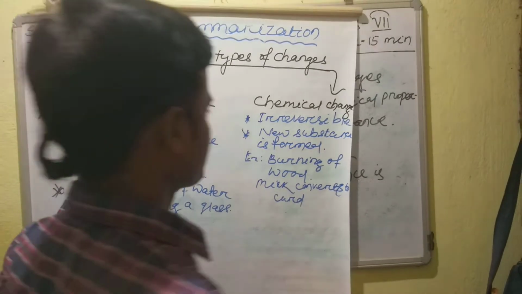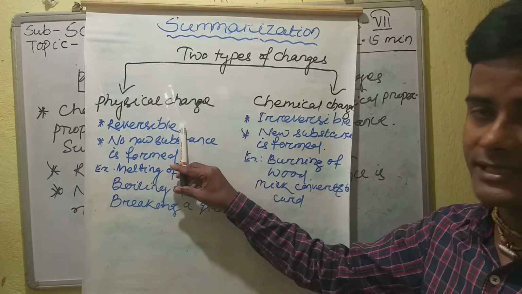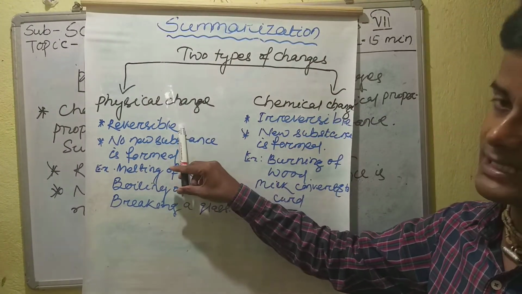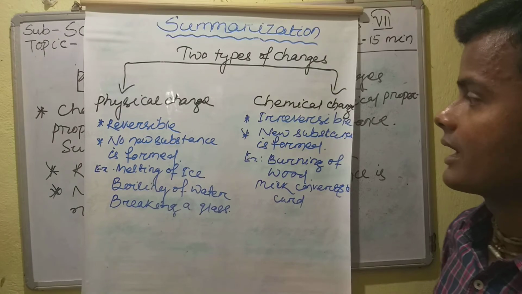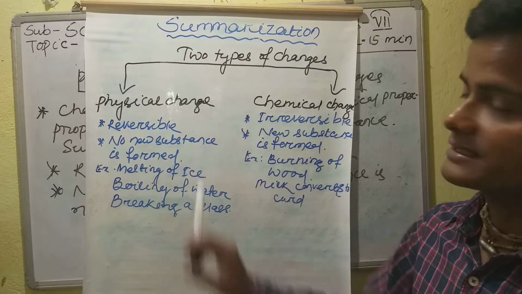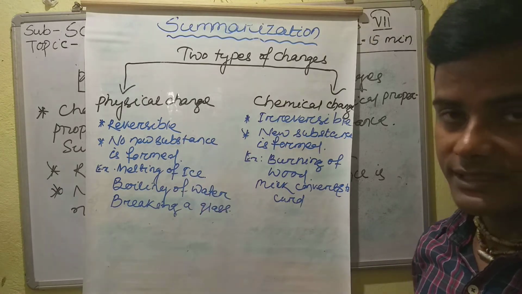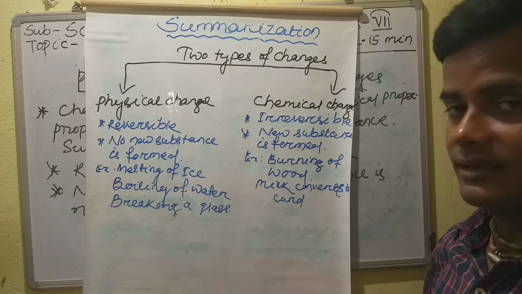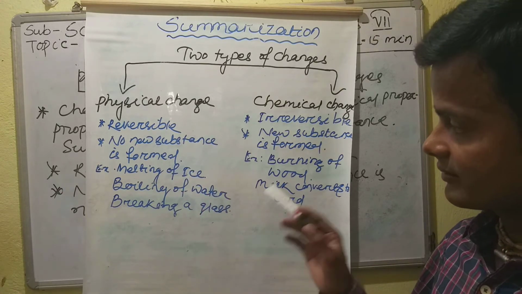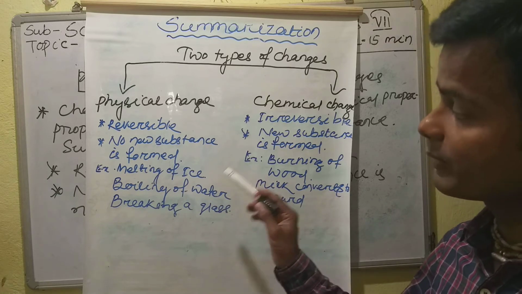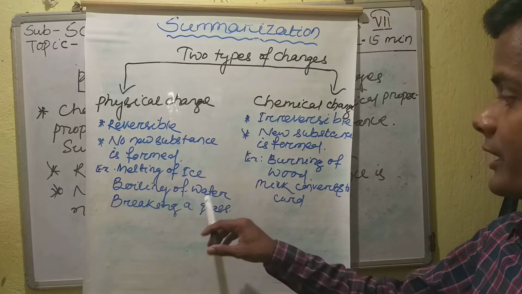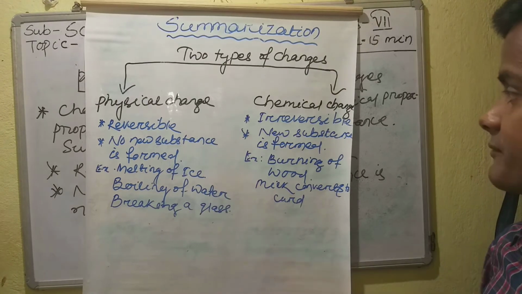Reversible means we can get the original substance again. And no new substance is formed. Melting of ice, you can get ice again, water from ice, right? Boiling of water. These are examples of physical changes.